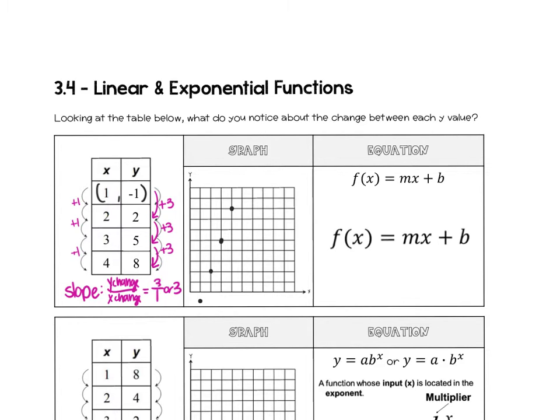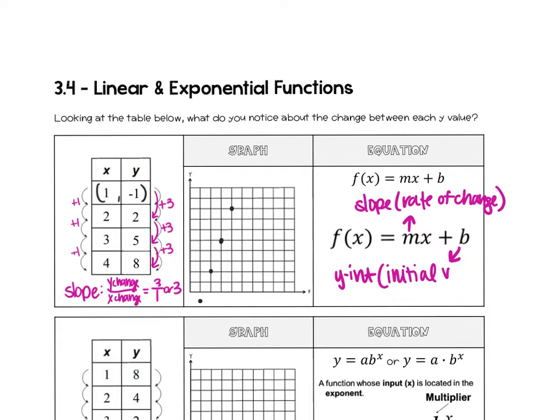So here f of x equals mx plus b, and I'm going to label this here. m is the slope, or the rate of change, those are the same, and b is the y-intercept, or the initial value. You can think of it as initial value, starting point, etc.